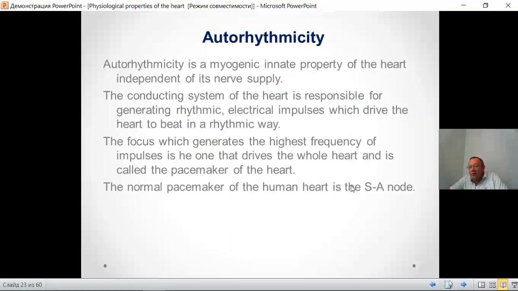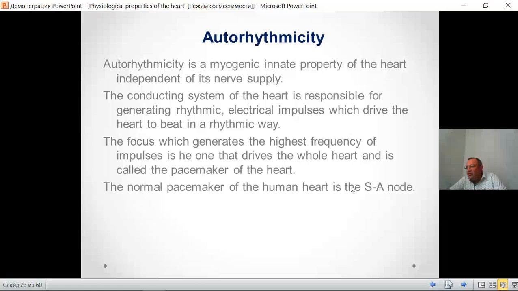Autorhythmicity. Autorhythmicity is a myogenic, innate property of the heart, independent of its nerve supply. The conducting system of the heart is responsible for generating rhythmic electrical impulses which drive the heart to beat in a rhythmic way.